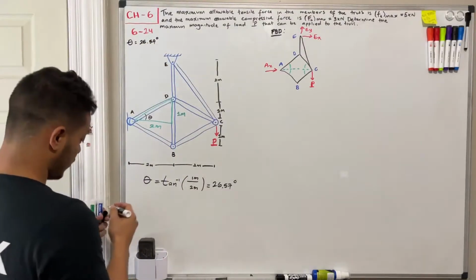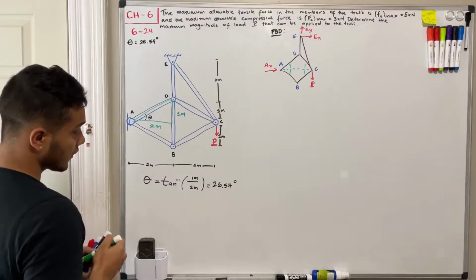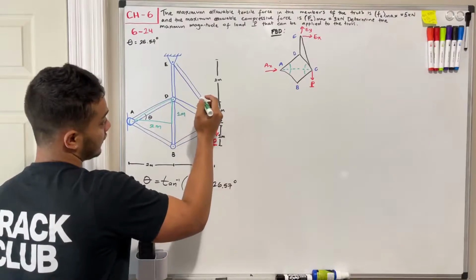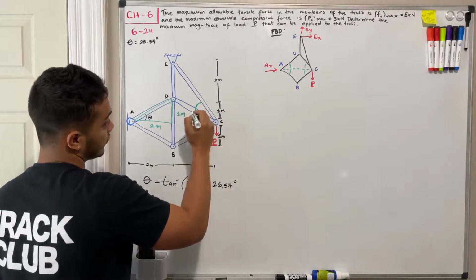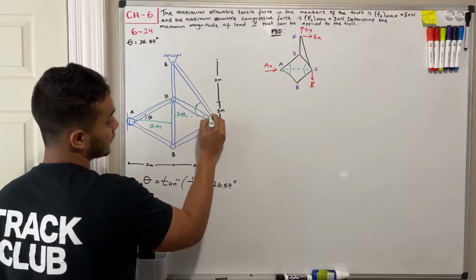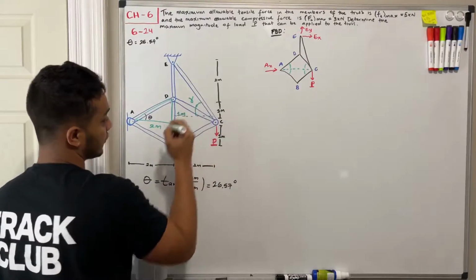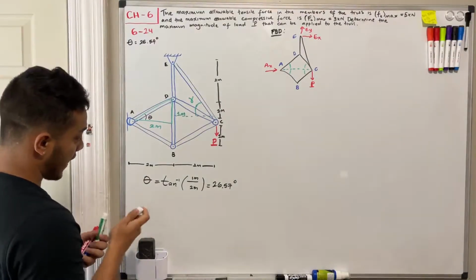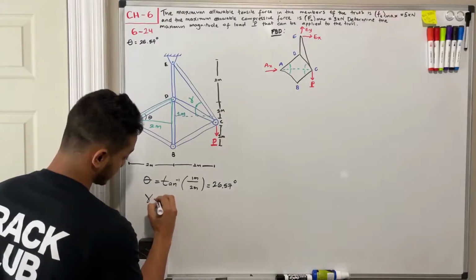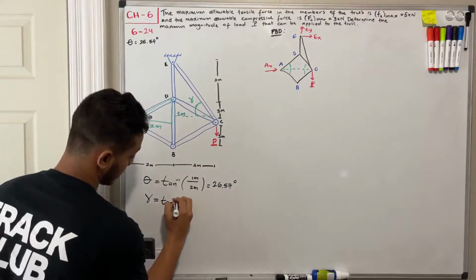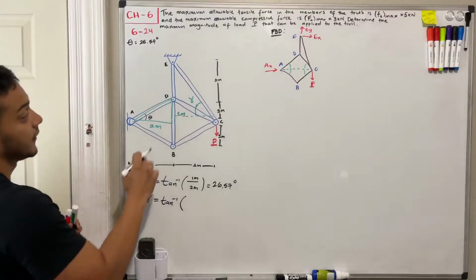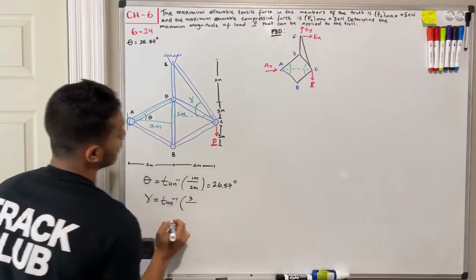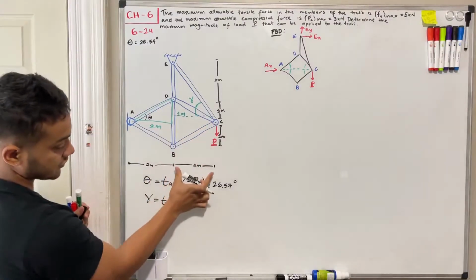Okay, and then the other angle I want to get is this angle in the direction with respect to the x-axis that I'm going to call gamma. Okay, so if we pay attention, gamma will be equal to inverse tangent of our opposite, which is 3 meters, divided by our adjacent, which is the total of 2 meters.